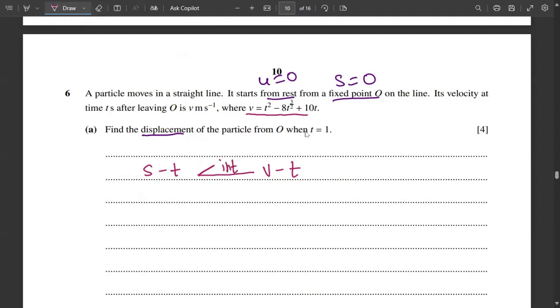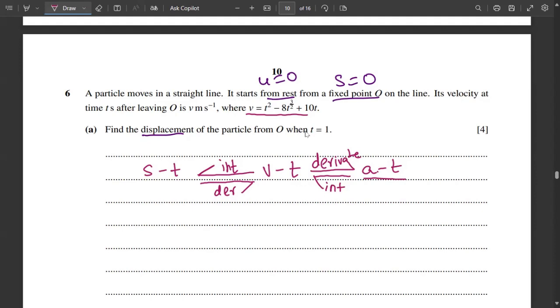If you want an acceleration time graph, what we need to do is differentiate, and vice versa. If from displacement time to velocity time, then we'll have to differentiate. If from acceleration time to velocity time graph, then we'll have to integrate. That's the cycle. So now let's get going.